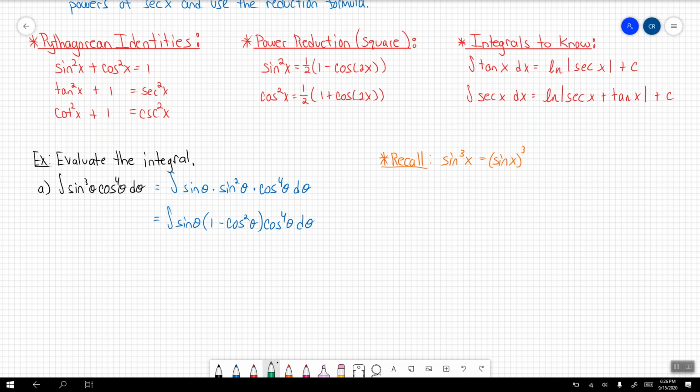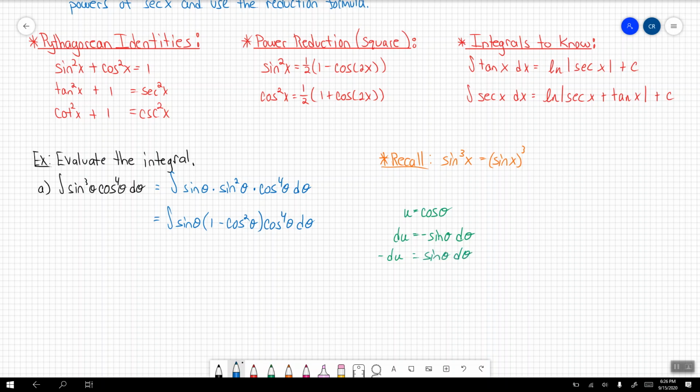So when I go and make my substitution, I want to make it in this particular case as u is equal to cosine of theta, because du is going to be negative sine theta d theta. Now that's going to be really good. That's negative du, and this is going to be sine theta d theta.